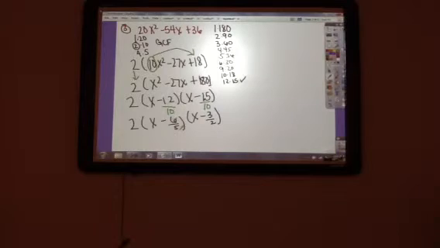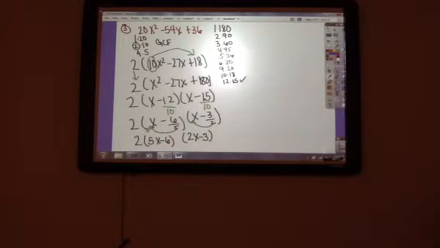Finally, we're ready for what we call the kickback. Kick that denominator back in front of that variable. And we're almost done. So our final answer is 2 times 5x minus 6 times 2x minus 3.